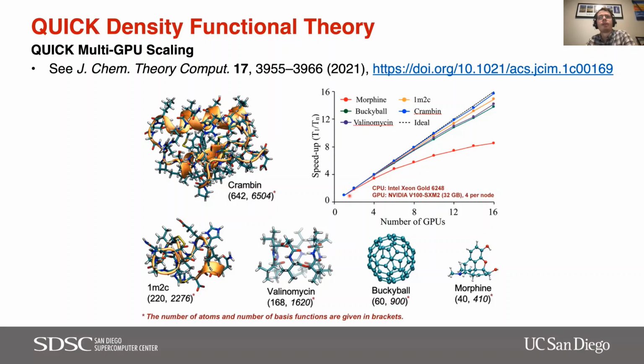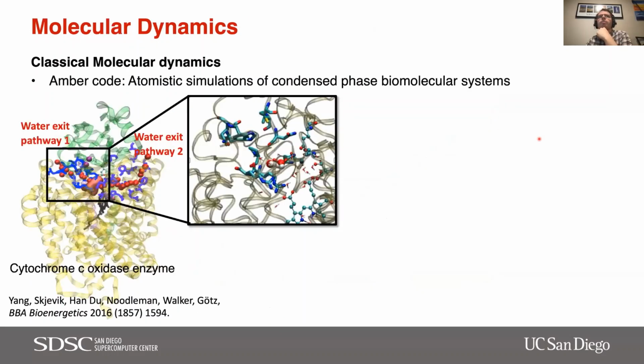And if the computational problem that you have is large enough, so here is a small molecule, larger molecules, and so on, with many, many more atoms and basis functions, then you can see that we have sufficient work that we can actually make use of more than a single GPU, right? And so the speed up is almost perfect, depending on the underlying size of the problem, right? So you can use multiple GPUs.